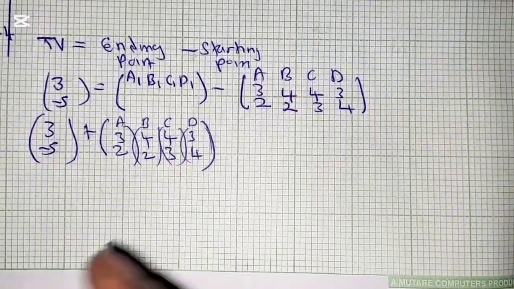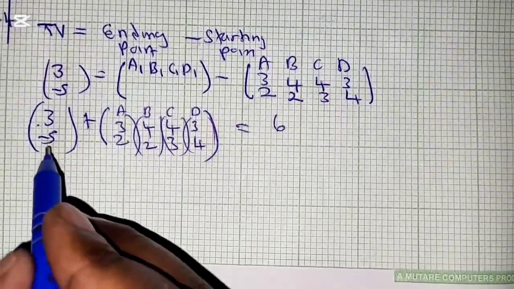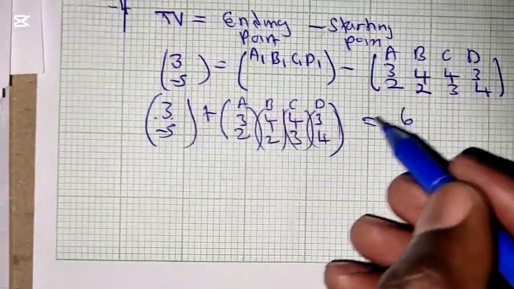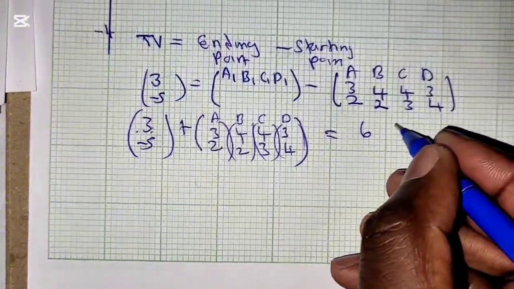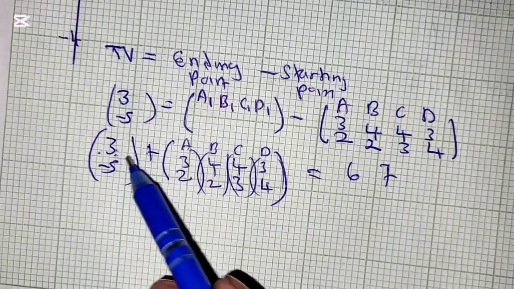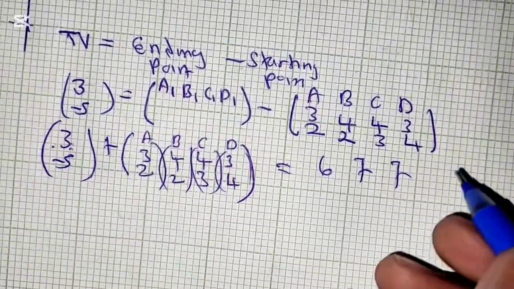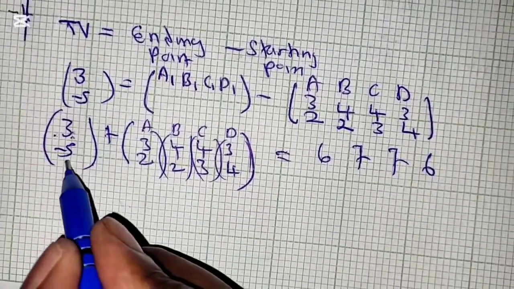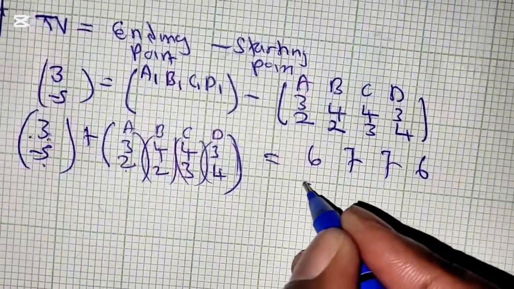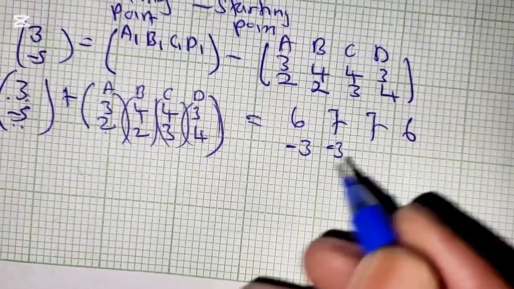So it's now 3 plus 3, we get 6. 3 plus 4, that's 7. Then 3 plus 4 again, that's 7. Then 3 plus 3, that's 6. So minus 5 plus 2 is minus 3.